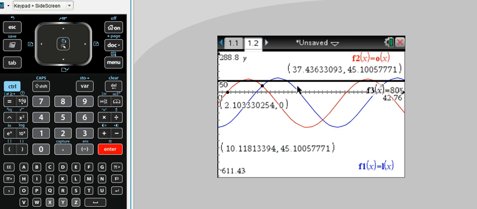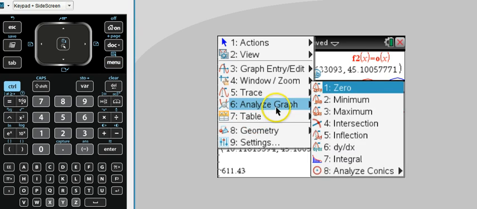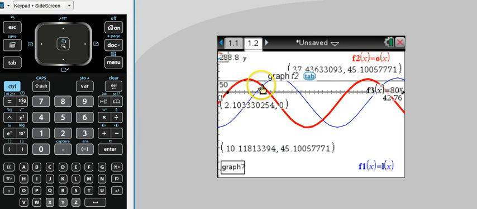So you can see there it crosses the blue graph at this section here. So when does it first reach 80 degrees? So we're going to find that first intersection point. And it's graph 1 and graph 3, and the intersection point is around there, so just grab that over there.